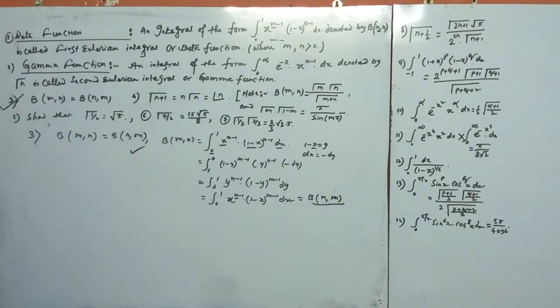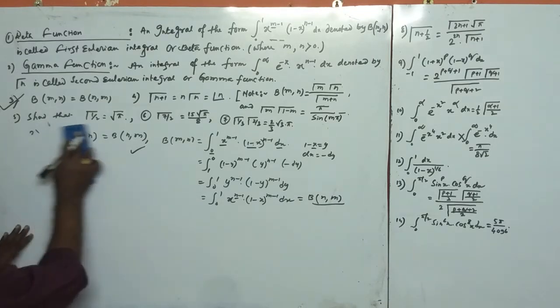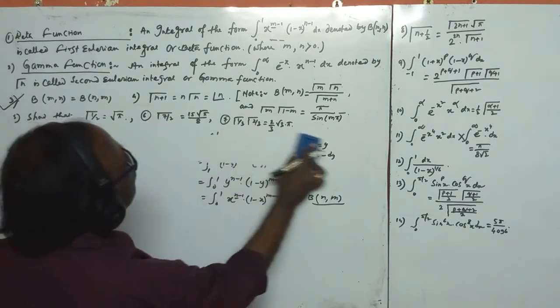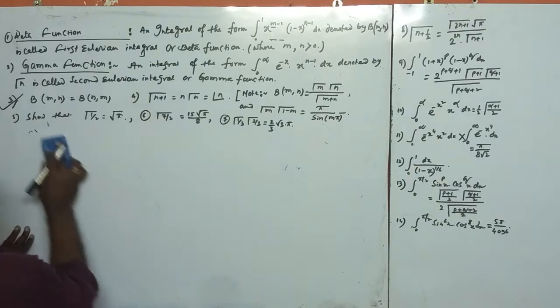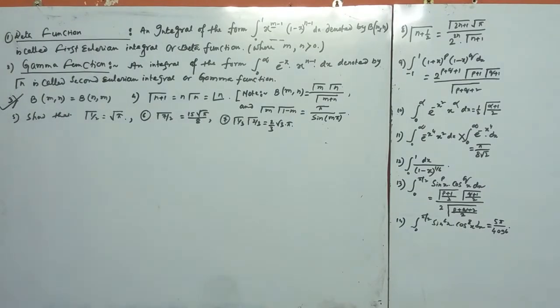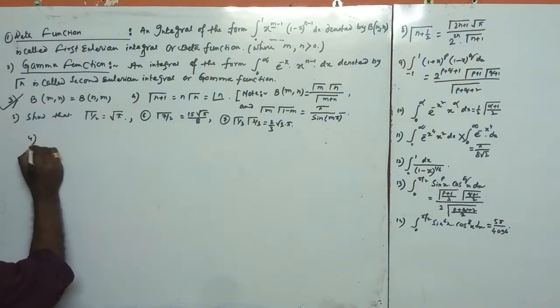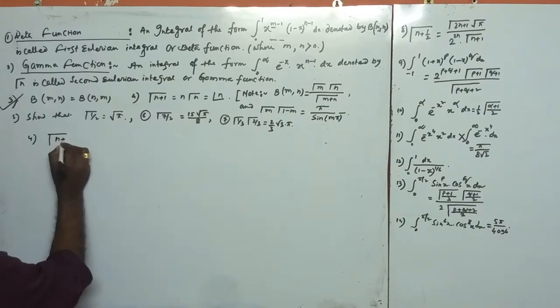Clearly proved here. Now for question number 4, we have to show gamma n plus 1.